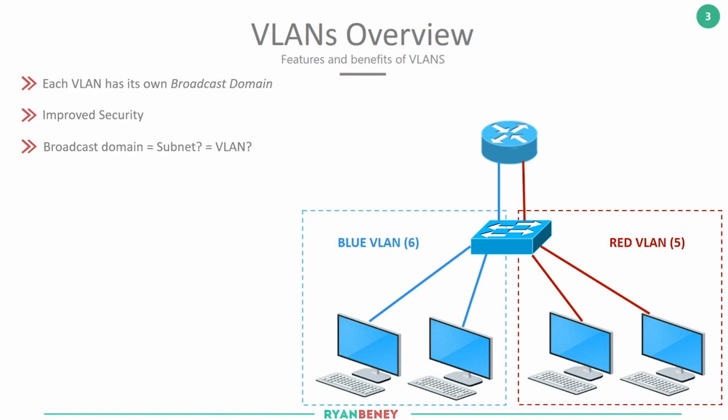Now, where the confusion comes into play is that it is technically possible to have multiple subnets inside a VLAN, which means in turn they would share a broadcast domain.